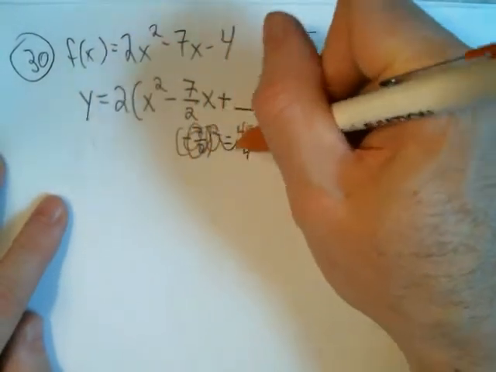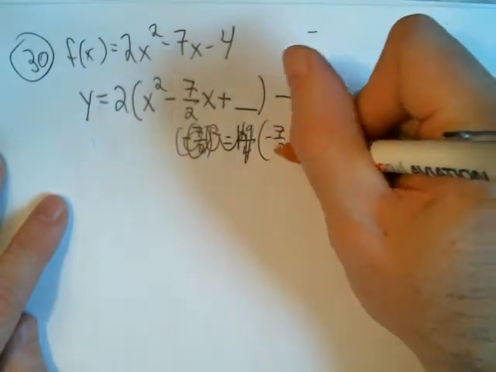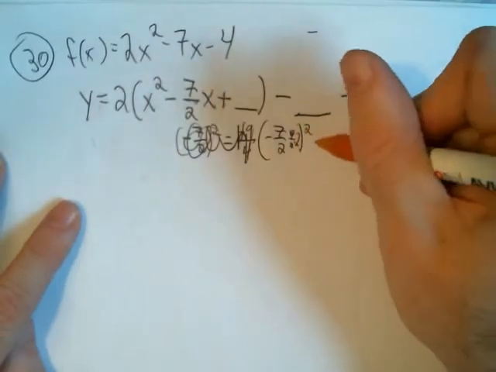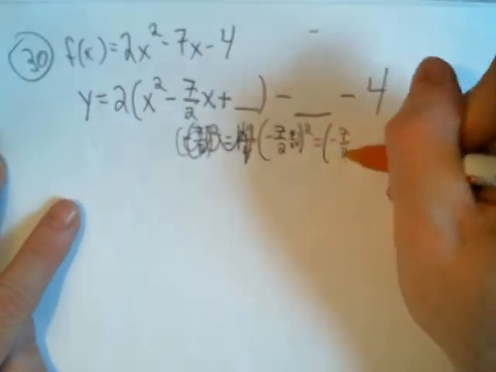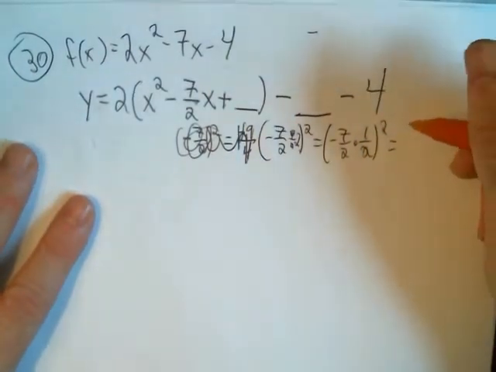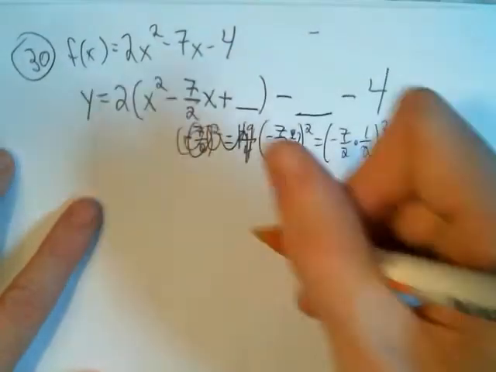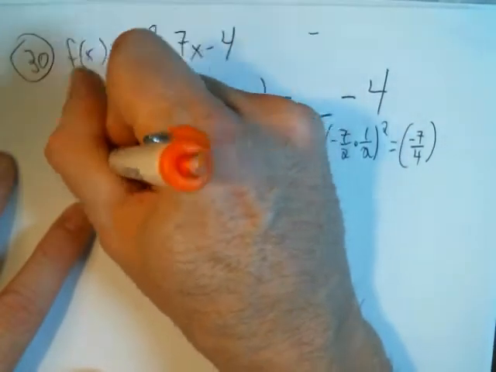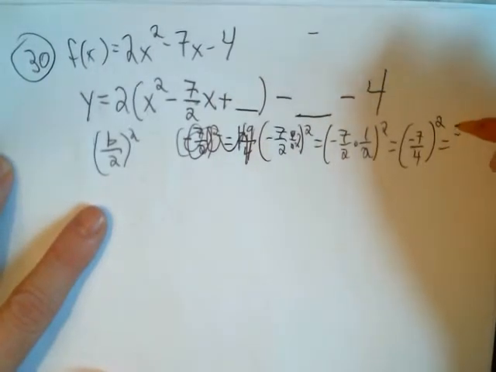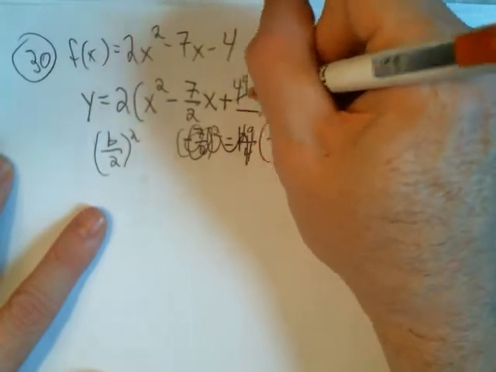Sorry, so that's wrong. It's negative 7 halves divided by 2, squared. What is that? That's negative 7 halves times 1/2, squared, which is negative 7 fourths squared. That was my mistake: I forgot the 1/2. The formula is always b all over 2 squared, and I just put b in there and then squared it. So at the end of the day this is 49/16, and I'm adding that here.